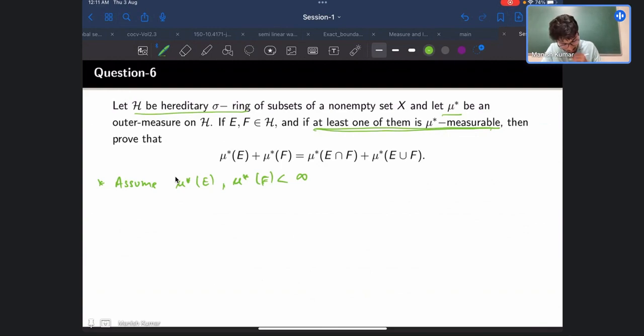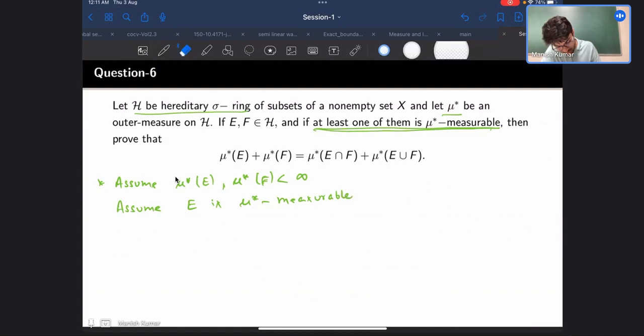Now you have been given that one of them is mu star measurable, so let E be mu star measurable.